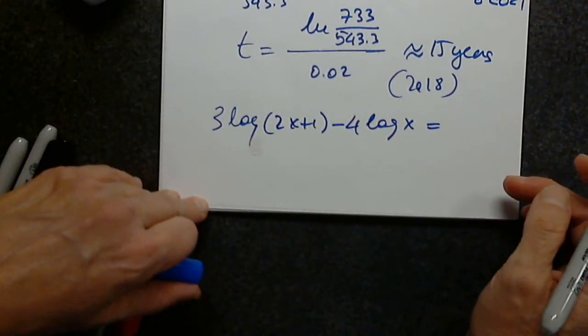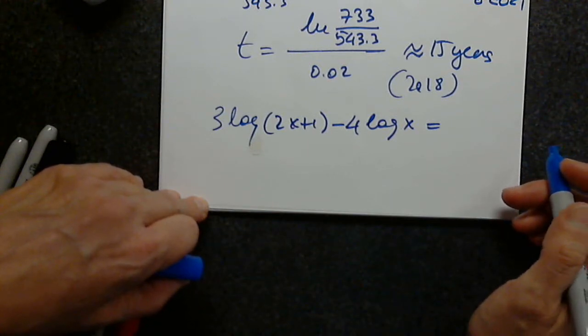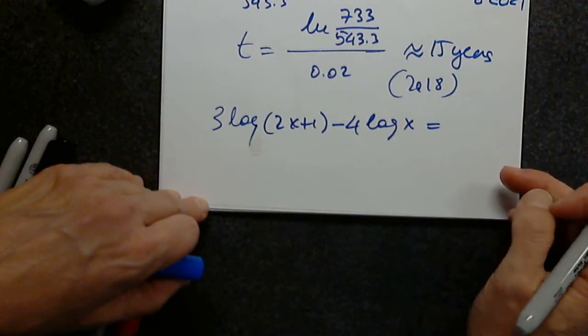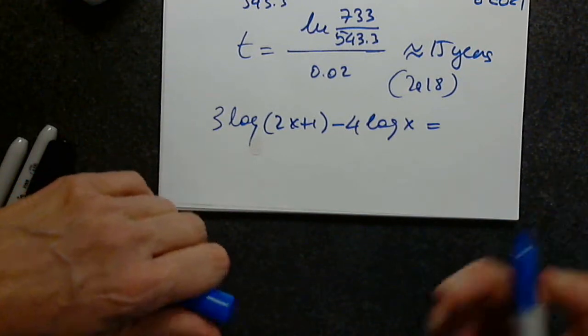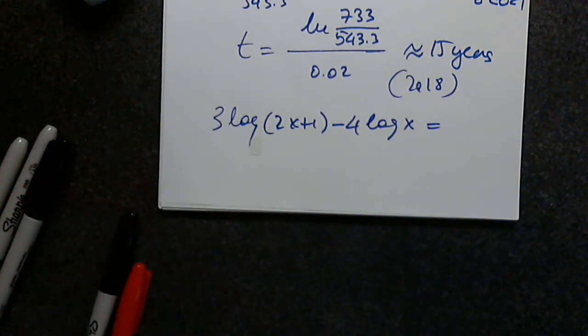No, x is in parentheses. Okay. But that's another part of the question. So log 2x plus 1 minus log x, to do a condensing. It's number 10. Okay, so this is 3 log 2x plus 1 minus 4 log x.